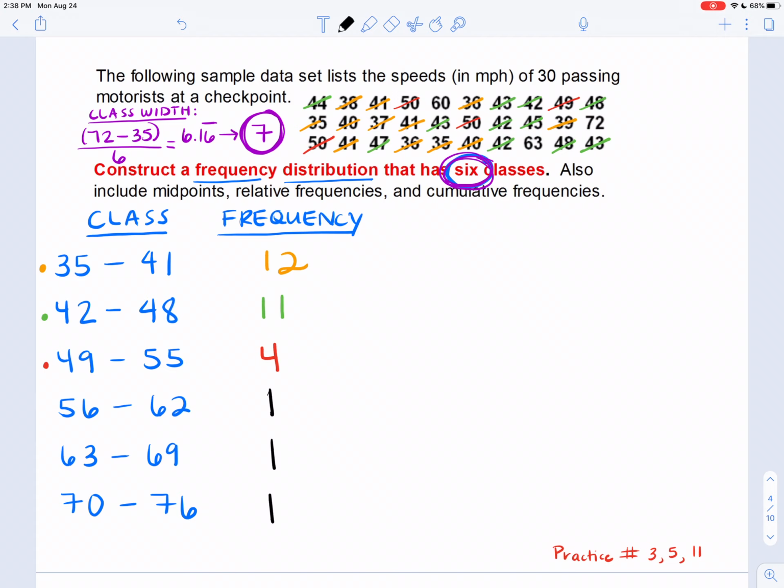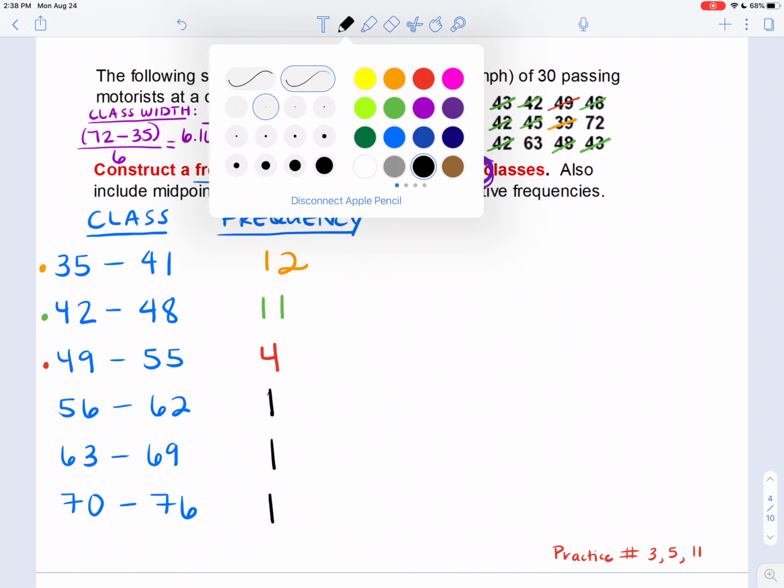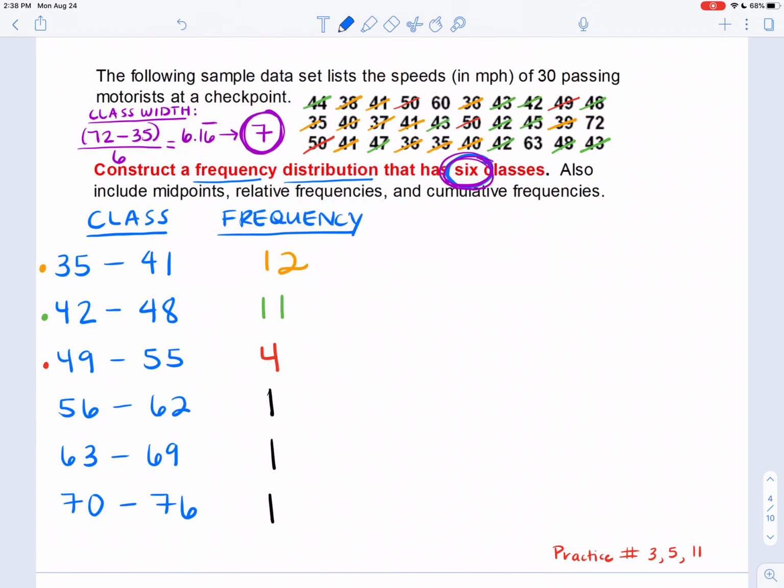All right, now, sometimes you will be asked to expand your frequency distribution, which is what happens here, and you'll include additional values in that frequency distribution.